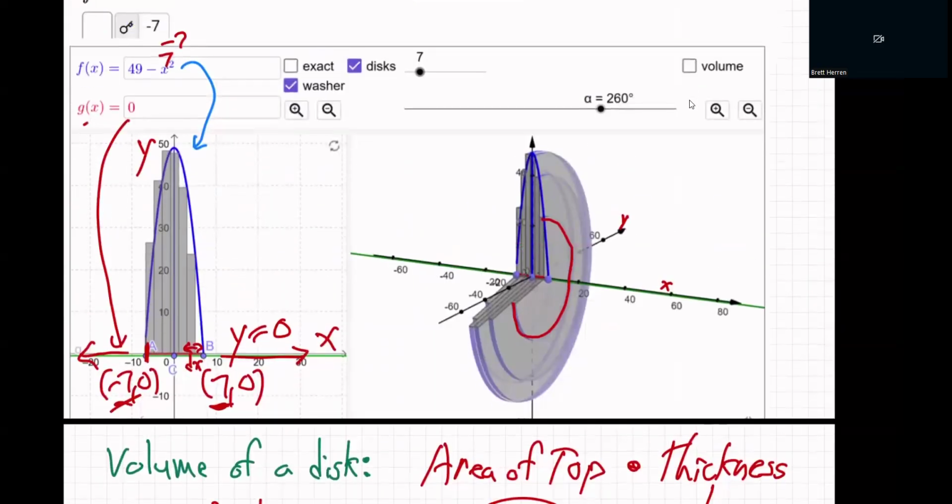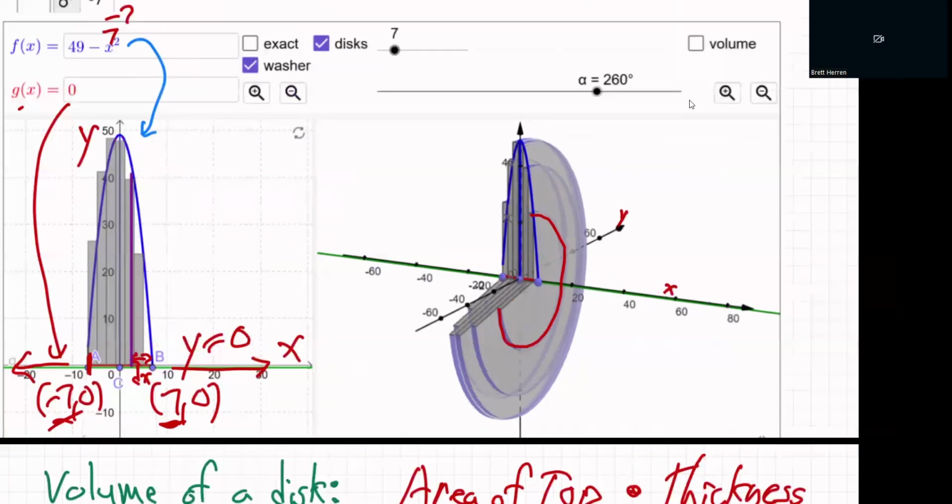Well, the radius of each of these disks, we can see it right here. Like I'll take this one here. That's the radius, isn't it? Can you see it right over here on these disks?